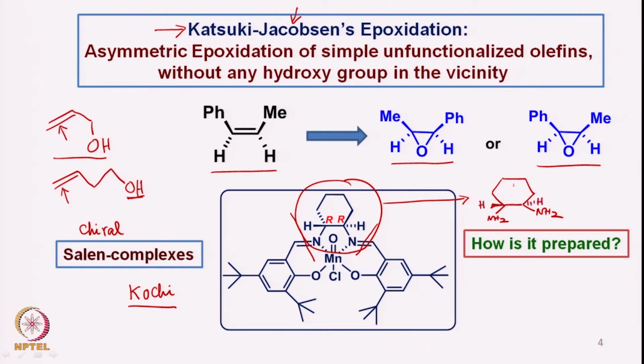So, you have a C2 symmetry basically. Such C2 symmetry based 1,2 diamines also have been utilized to prepare such a complex, and this complex, when it has a manganese at the core, then of course the oxo manganese complex allows the oxidation to take place. We will study the mechanistic aspects in detail.